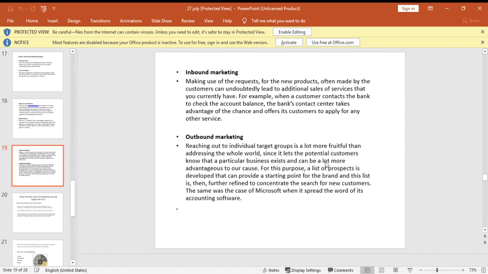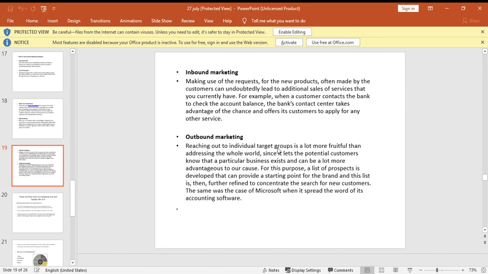For example, when a customer contacts the bank to check the account balance, the bank contact center takes advantage of the call and offers its customers to apply for any other service. That is inbound marketing.